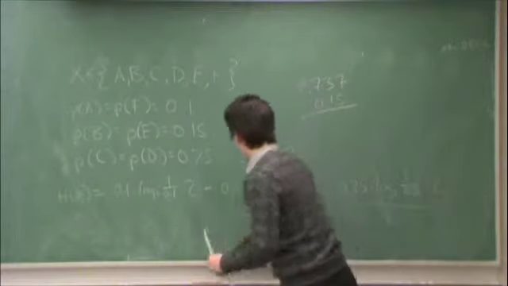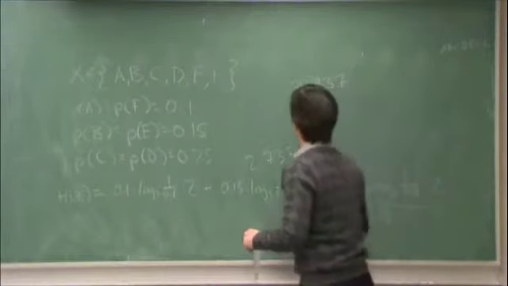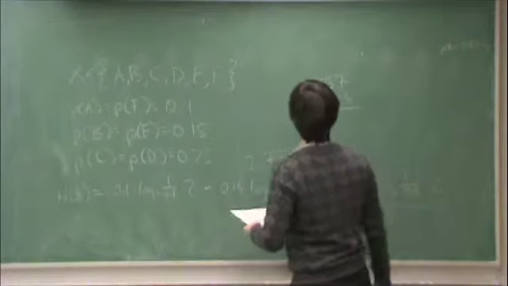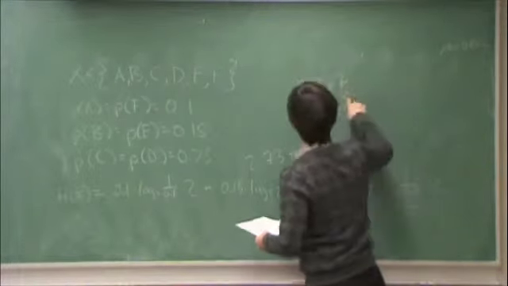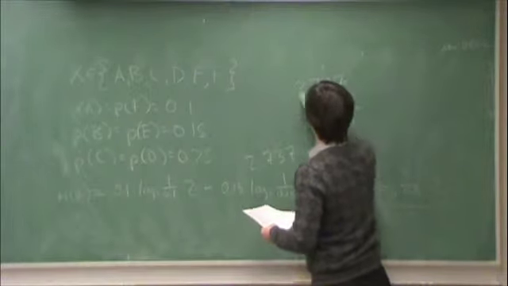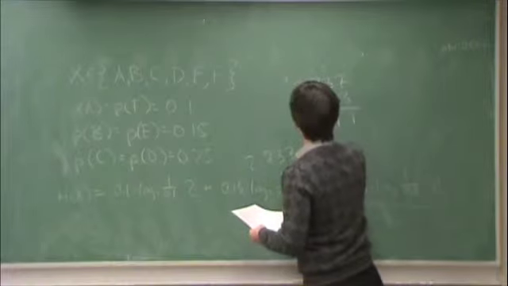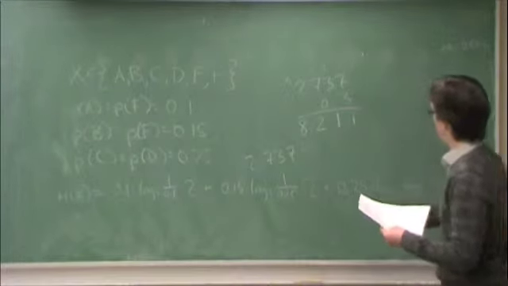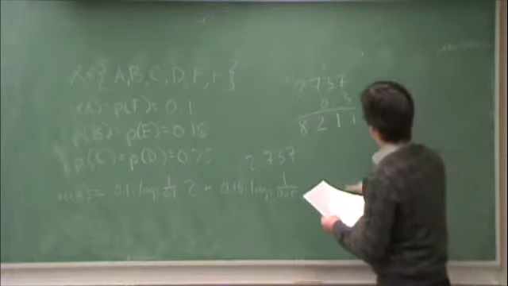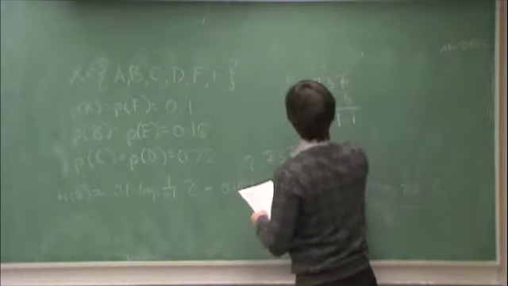Actually, let's combine the two. That'll make this easier. 2 times 0.15 is 0.3. We multiply that, and we have 4 decimal places.